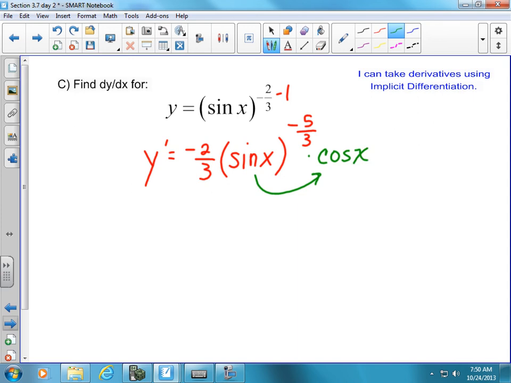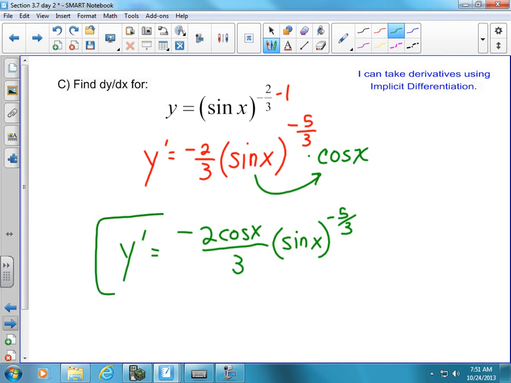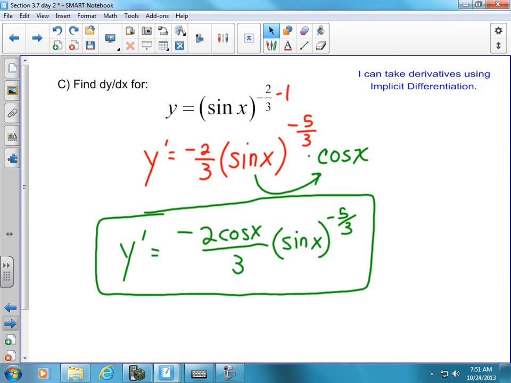All right, so you might write this as negative 2 cosine of x over 3 sine of x to the 5/3. Again, make sure you know what 5 over 3 means: sine of x to the 5th and the cube root of that, or vice versa, and then it's set down below the fraction bar.